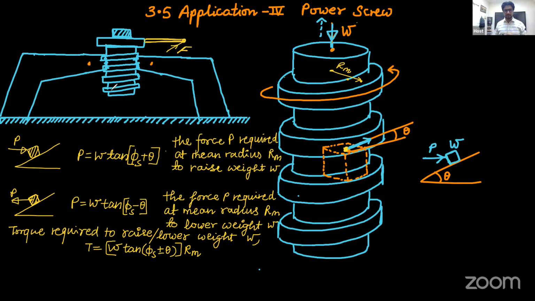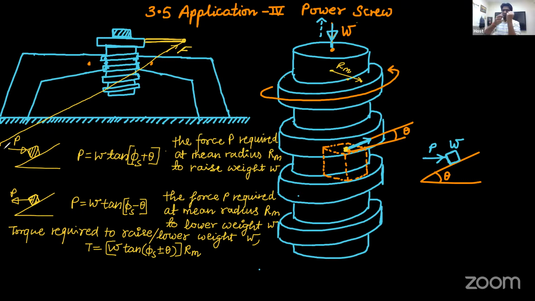This force has been represented perpendicular to the plane of paper or the plane of board. So please visualize it along the z-axis. This is the screw, and this is the lever attached at the end of the screw, and this is how the force is being applied.